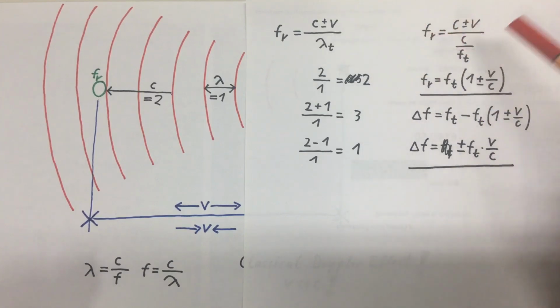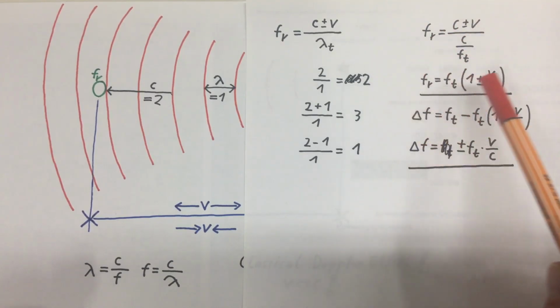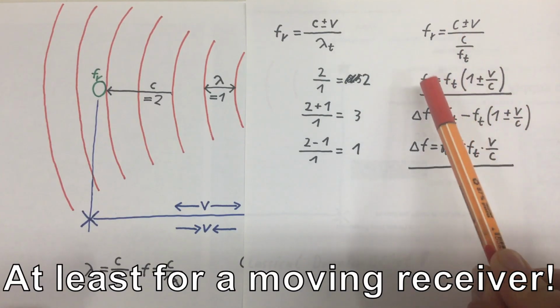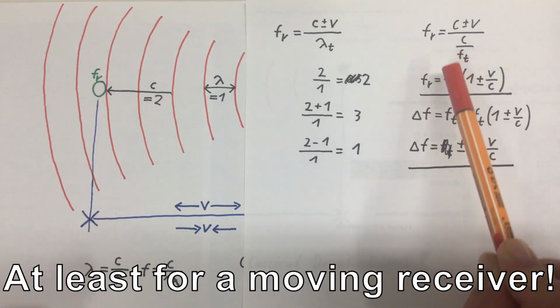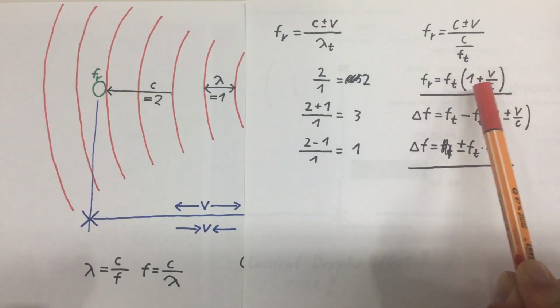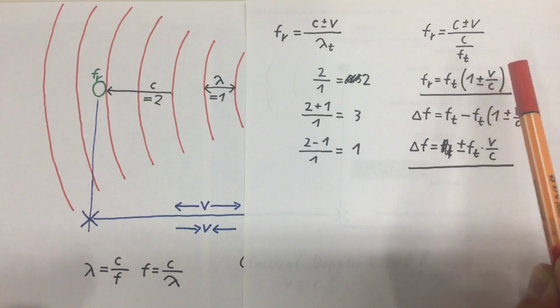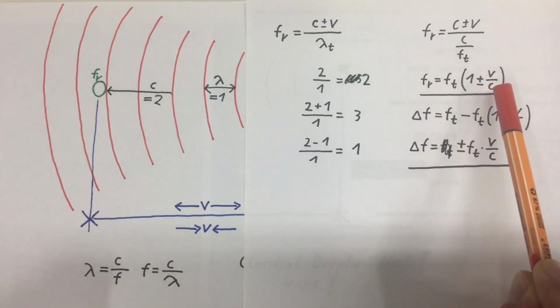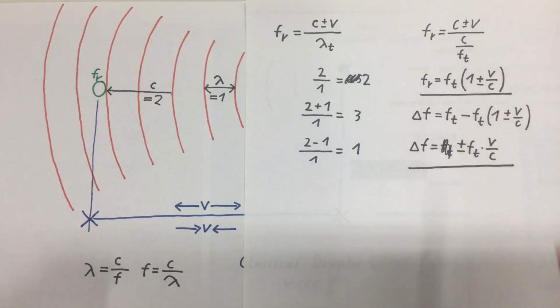And if we rearrange that a little bit, we arrive at the classical Doppler formula. The frequency received is equal to the frequency transmitted times 1 plus minus the relative velocity between receiver and transmitter over the speed of the waves.